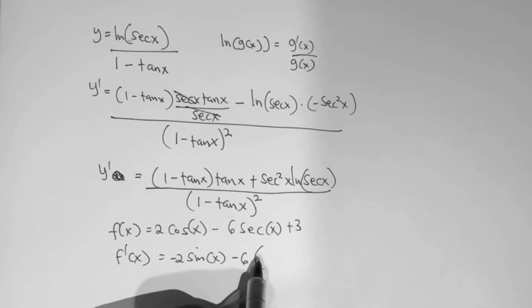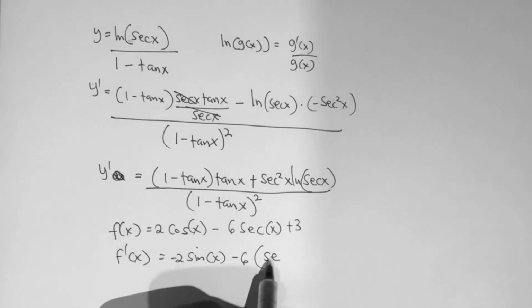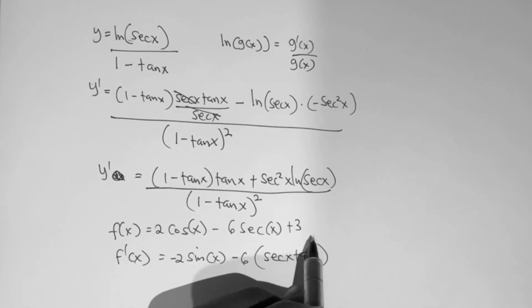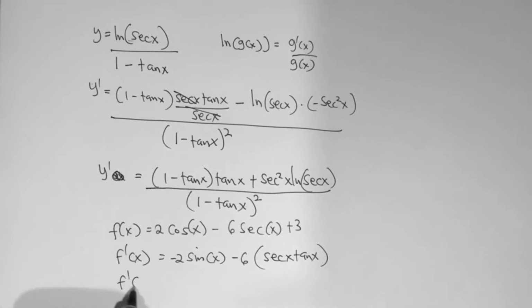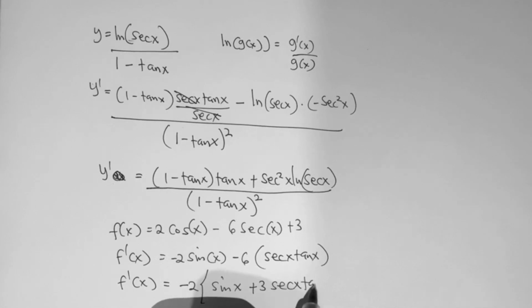If you differentiate sec x, you will get sec x tan x. Then if you differentiate 3 it is 0, so f prime of x is equal to, let's factorize minus 2 out, we'll be left with sine x, then plus 3 sec x tan x.